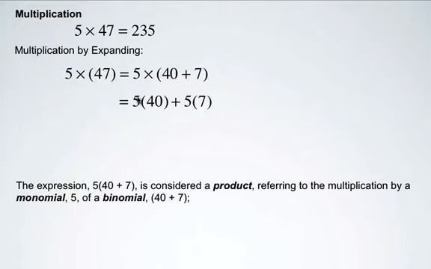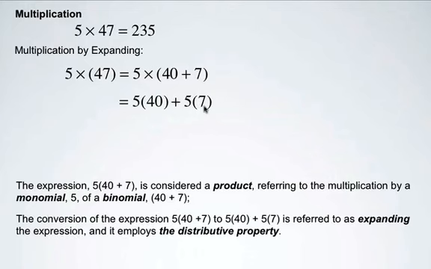So, to complete this, you multiply 5 times 40 and add 5 times 7. The conversion of the expression 5 times 40 plus 7 to 5 times 40 plus 5 times 7 is referred to as expanding the expression, and it employs the distributive property. So the 5 multiplies both terms of the binomial.